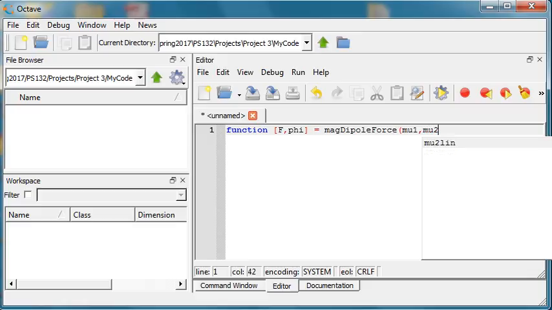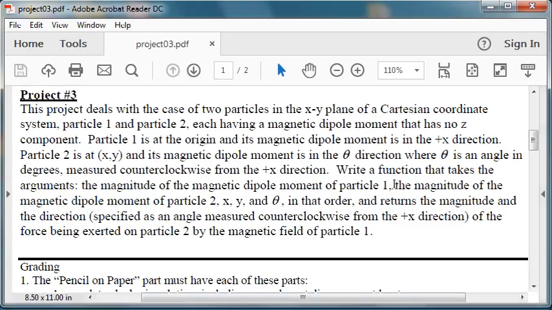I tend to like to avoid the 1 because it could be mistaken for an L, but I think I'll go with it here. And then I believe it is x, comma y, comma theta. Let me make a quick check. Mu 1, mu 2, x, y, theta. It takes arguments mag dipole 1, mag dipole 2, x, y, theta.